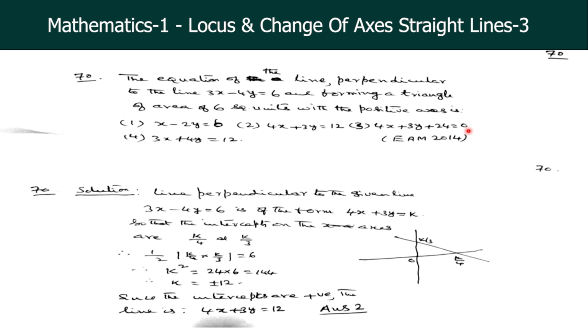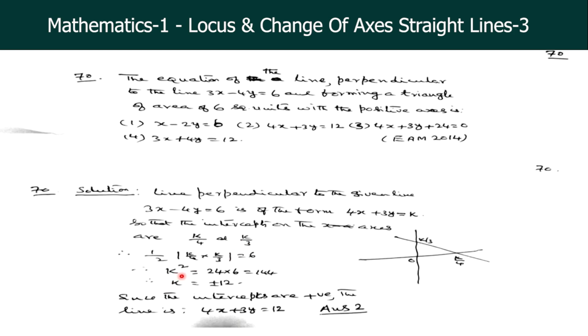You know that a line perpendicular to the given line 3x minus 4y plus 6 equal to 0 is of the form 4x plus 3y is equal to k, so that its intercepts on the coordinate axes are k by 4 and k by 3. Therefore the area is half of mod k by 4 into k by 3 is equal to 6, that is given to be 6.